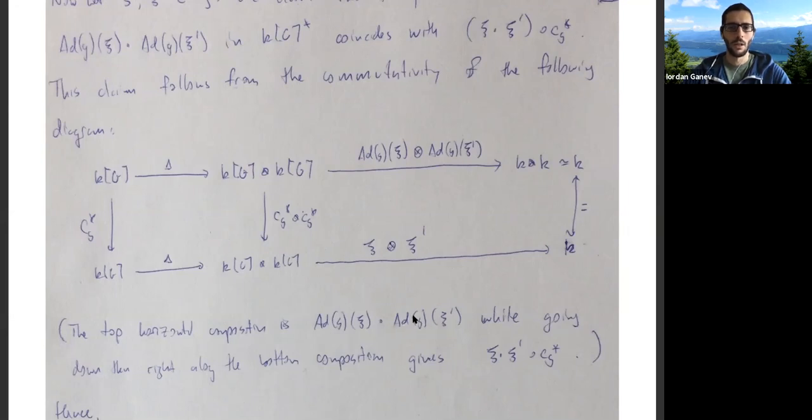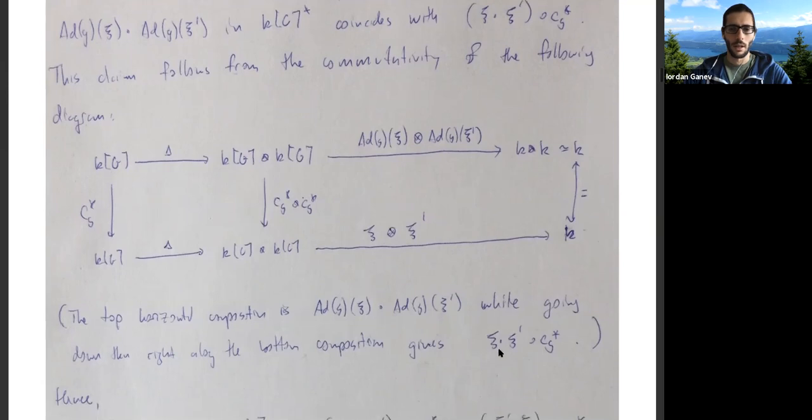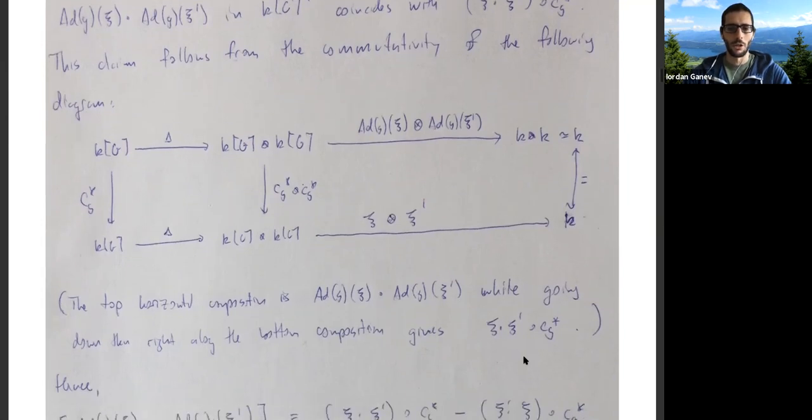So that product is just this top composition, and that's the same as going down and over. At the end, we just end up at K. Going down and over is exactly precomposing the product of xi and xi prime with CG star, which is what we wanted to show.